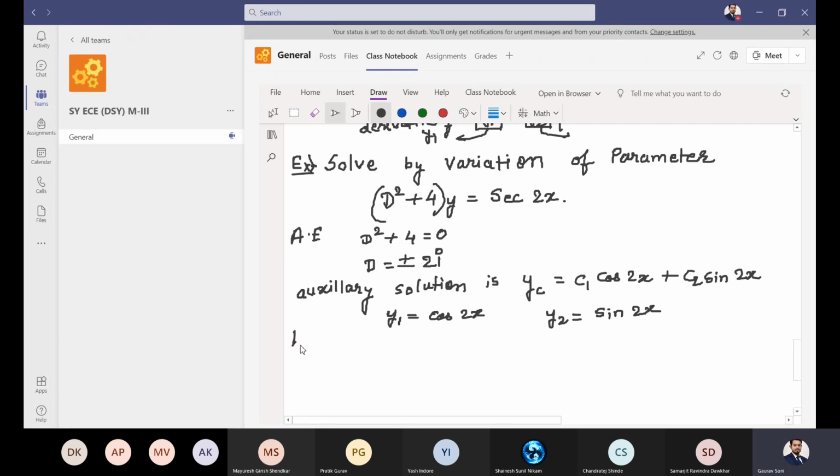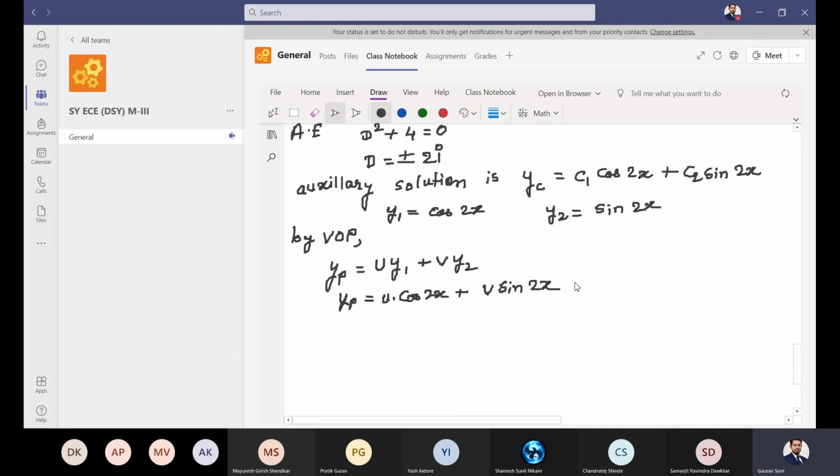By variation of parameters, yp is equal to u times y1 plus v times y2. So yp will be equal to u times cos of 2x plus v times sin of 2x. Now what is our task? Our task is to find u and v.